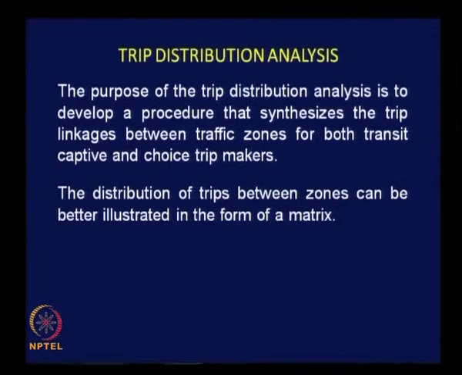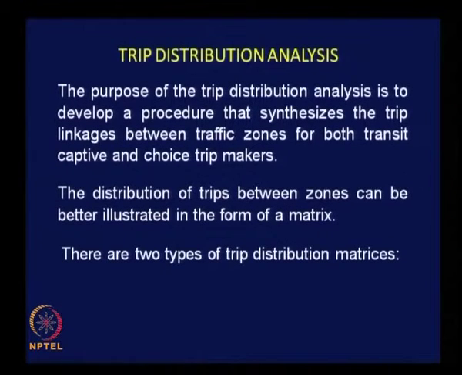There could be trips distributed within the zone also. So when you consider zone by zone, it becomes 100 by 100 analysis. So that way it will be easy for us to present trip distribution data in the form of a matrix. That is the idea. And there are 2 types of trip distribution matrices.